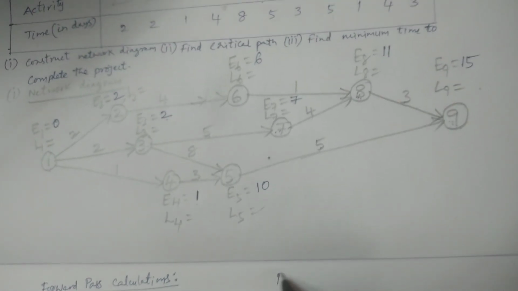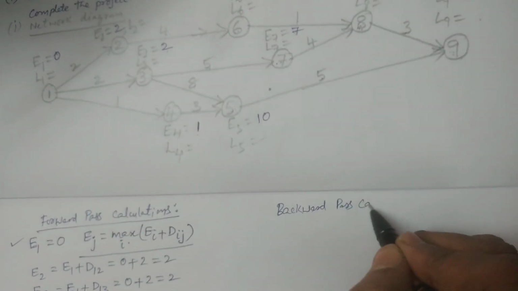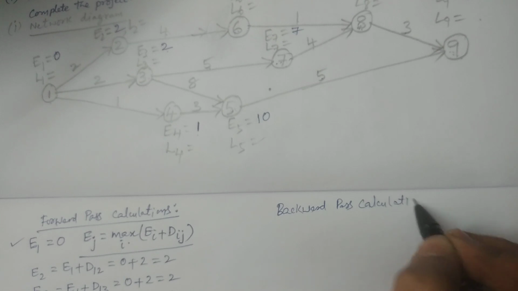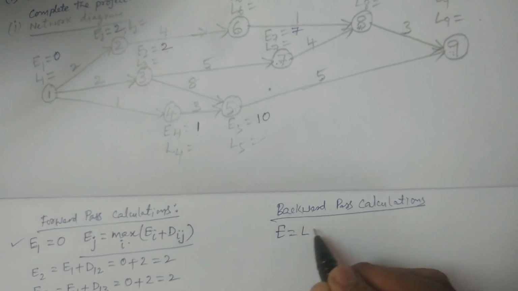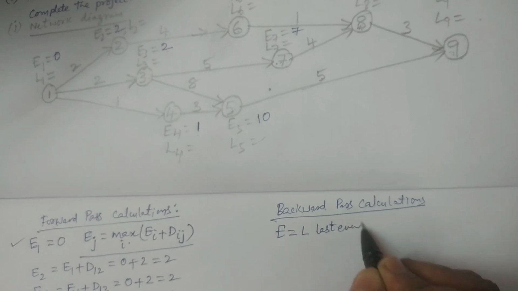Now backward pass calculations. I write here backward pass calculations. These are going to be calculated with the help of E is equal to L for the last node, or last event.